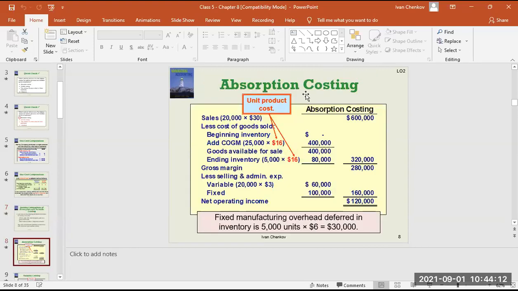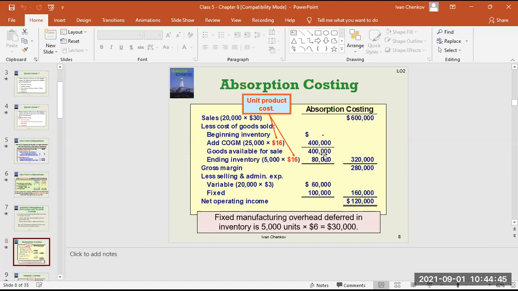Under absorption, sales will be, since we're selling 20,000 times $30, $600,000. Cost of goods sold will be calculated next. No beginning inventory, right? We're producing 25,000, and the cost per product is $16. That's $400,000. But we have ending inventory, right? Because we produced 25,000 but sold only 20,000. Our ending inventory will be 5,000 times the $16 cost per unit, which is $80,000.